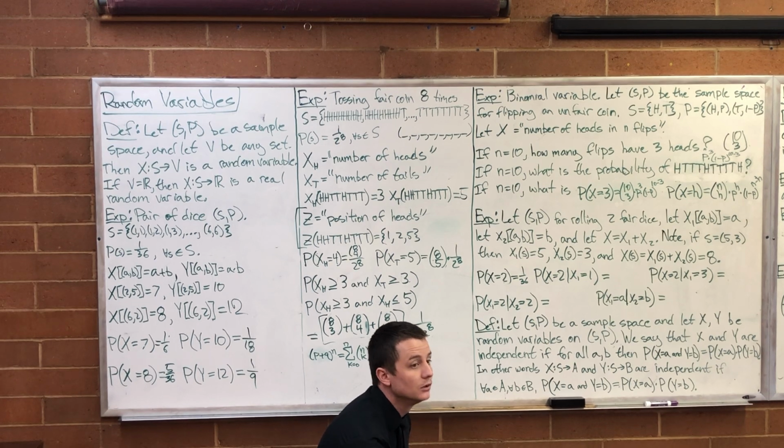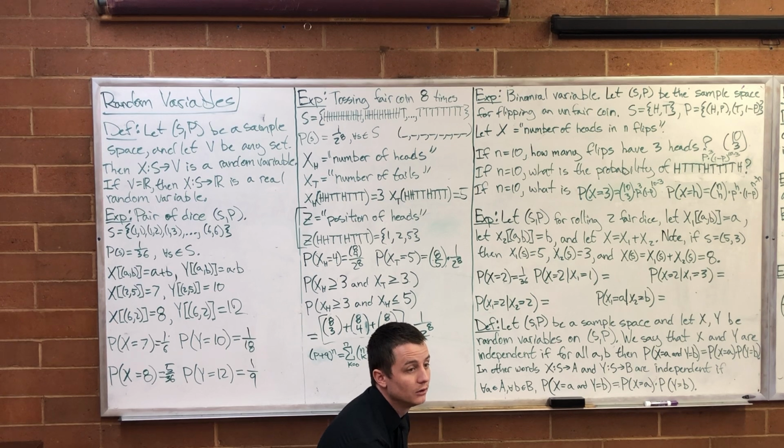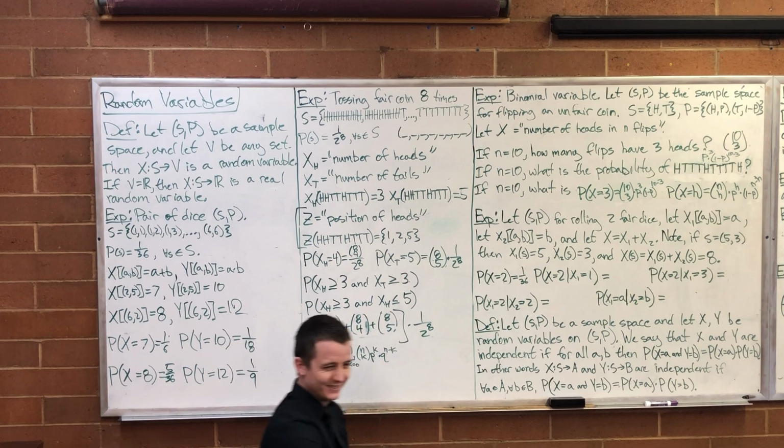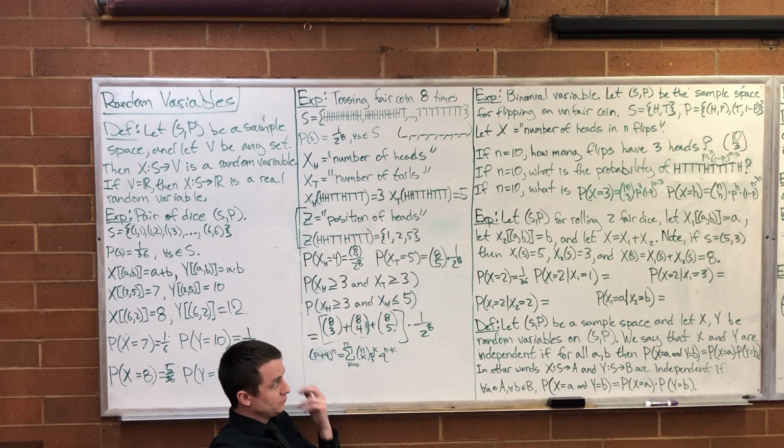How many ways can we roll a 2? 1 way. You can have the first number be a 1 and the second number be a 1. Sorry, X is the sum of the rolls.